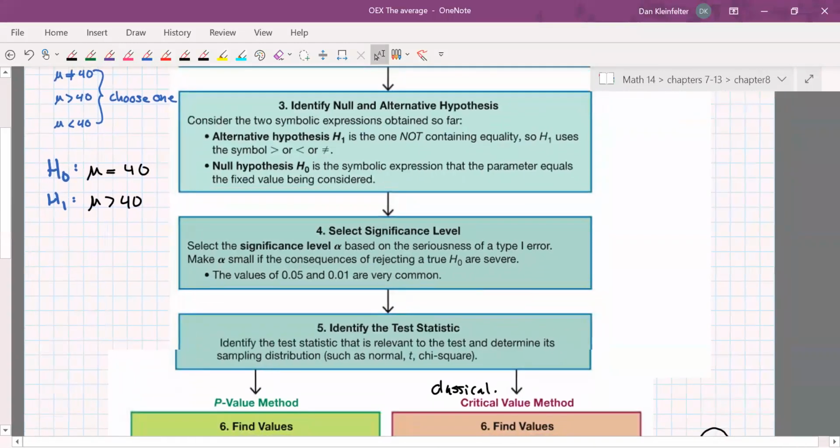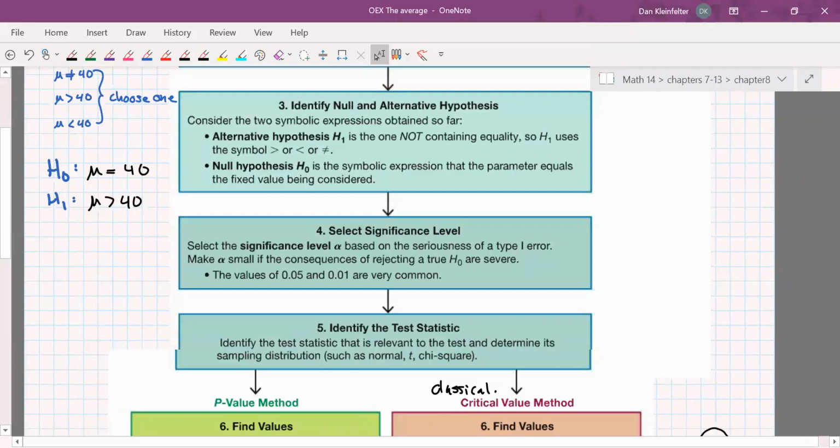Step 4, we're to select the significance level. The significance level is called alpha, and it's based on the seriousness of what's called a type 1 error. What a type 1 error is, we'll talk about later. Basically, you want to make alpha small if the consequences of rejecting a true null hypothesis are severe.